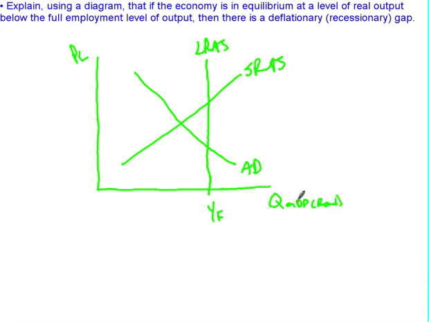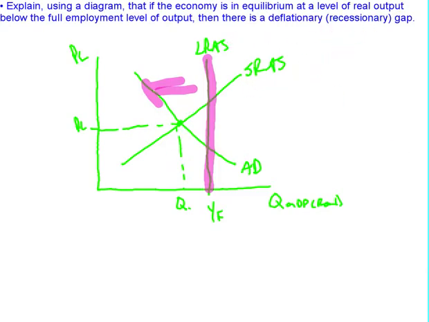All right, so if this is our equilibrium price level and this is our equilibrium quantity, anytime we're to the left of the full employment line, so anything this way, is considered a deflationary or recessionary gap.